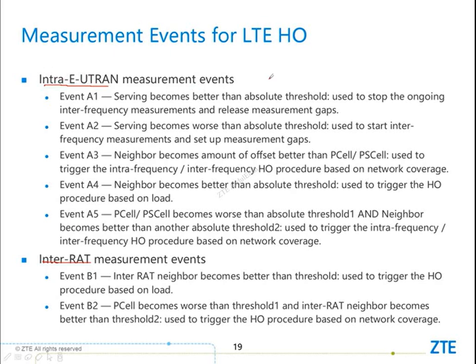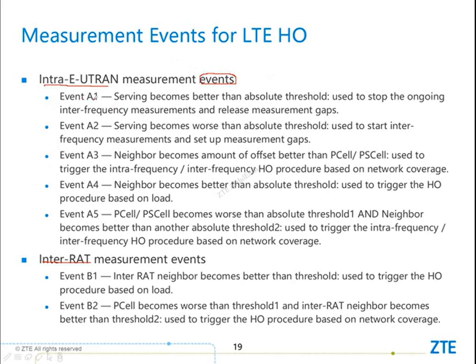There is one step, the handover decision, right? So that means the eNodeB should judge whether you need to hand over or not. But how to decide is actually based on the event. So now we will study the events in LTE. And we can see in intra-LTE handover there are 5 events.